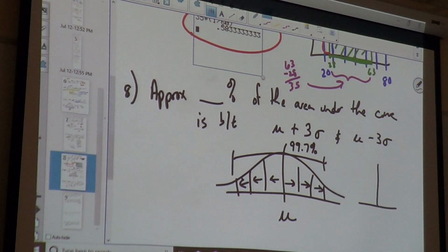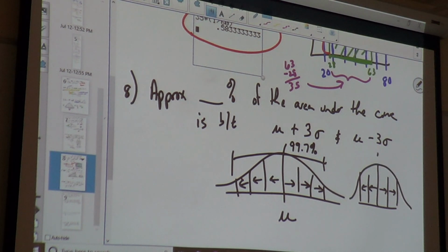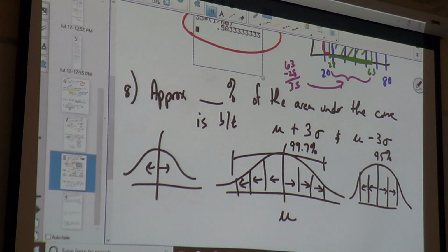If it was 2 deviations, that would be 95%. If it was 1 deviation, it would be 68%. 3 jumps is 99.7, 2 jumps is 95, and 1 jump is 68.